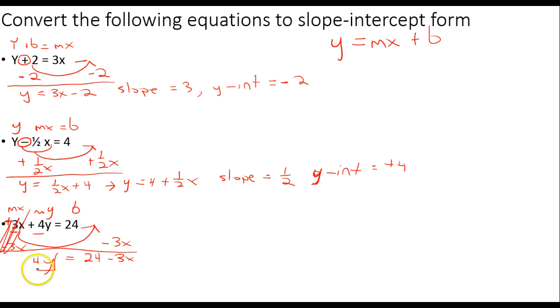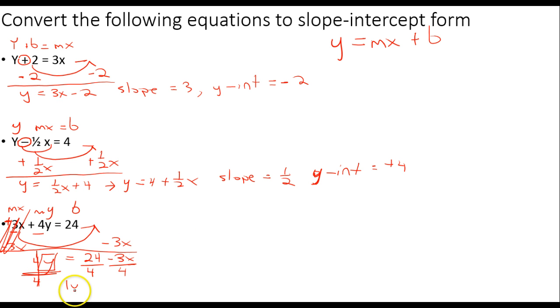Now, I need y by itself, but it's not by itself. It has a coefficient. So earlier I said when you move a variable and the coefficient together to the other side, you're either adding or subtracting. Well, when you're splitting up a variable and a coefficient, you're either multiplying or dividing. In this case, they're already multiplying, so I'm going to have to divide by 4 on the left, and I'm going to have to do it to everything on the right. So my 4's cancel.